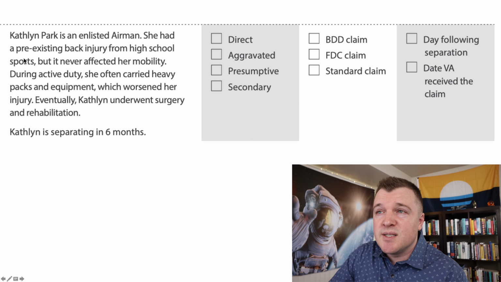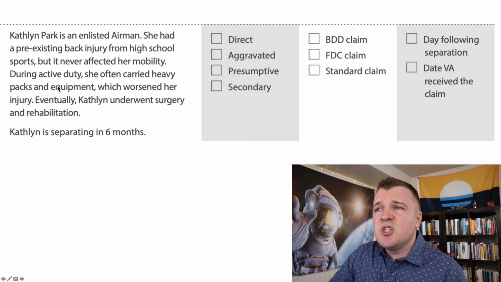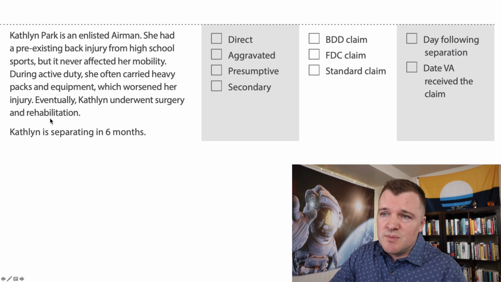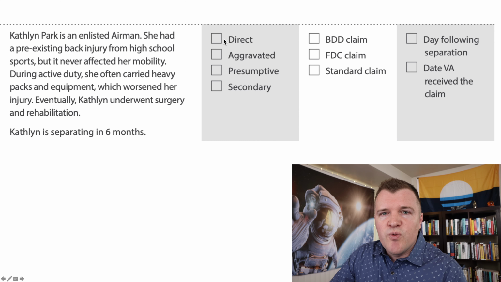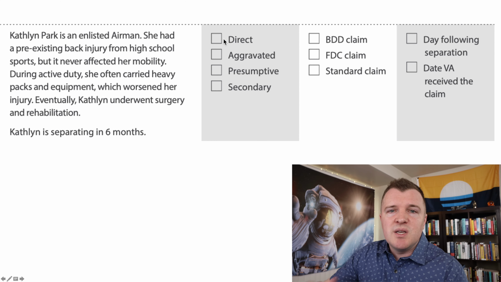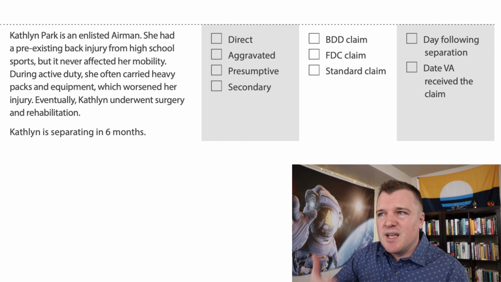Next example, Kathleen Park is an enlisted airman. She had a pre-existing back injury from high school sports, but it never affected her mobility. During active duty, she often carried heavy packs and equipment, which worsened her injury. Eventually, Kathleen underwent surgery and rehabilitation. Kathleen is separating in 6 months. So this wouldn't be direct because she was just performing her daily duties, which is normally safe for service members in that job.